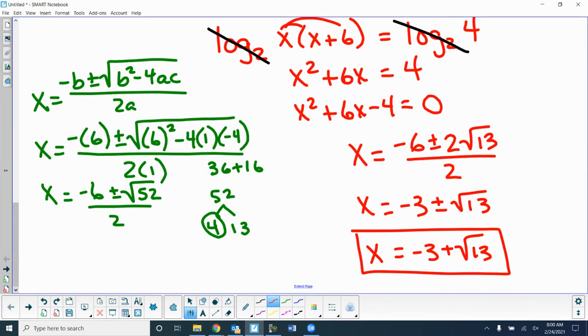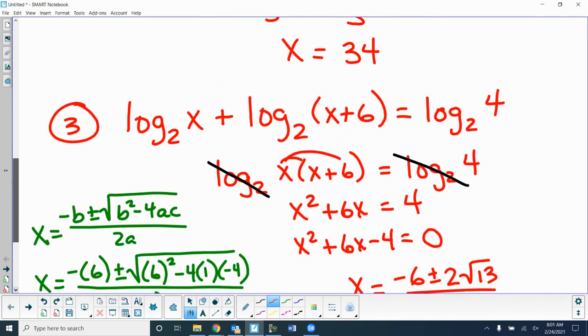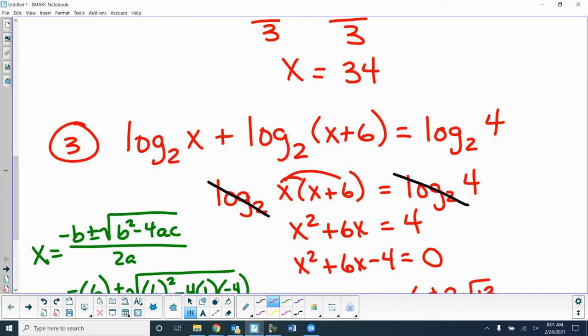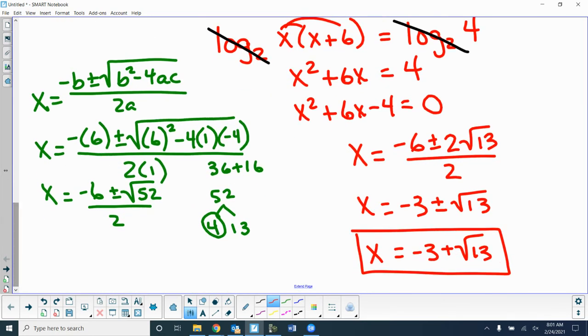Okay. Tomorrow for A and B, maybe it'd be nicer radicals, maybe they'll be perfect squares. Questions on that one? So again, what we had to do was turn it into a single log first, okay? And then we had log on each side, so it made it even easier than the other ones.